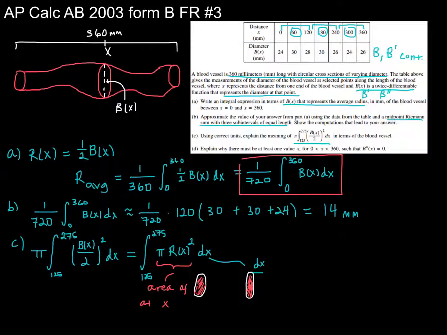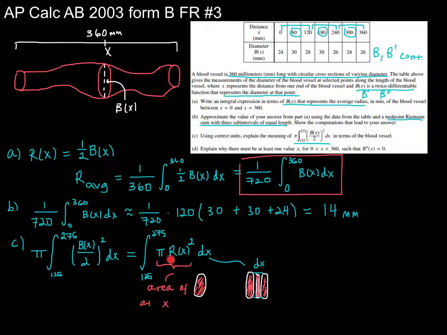And so that will end up looking like this. And so what I can see is that this really is the volume of this very thin slice of my blood vessel.